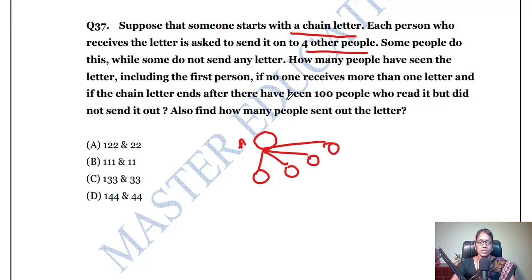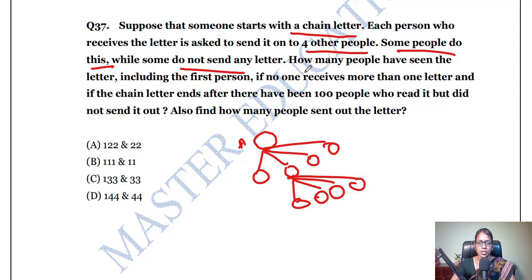Some people do this. For example, in a WhatsApp group, some people send it to 5 people, some to 10 people, while some do not send any letter. Some people are sending to 4 people, but these 3 people are not sending the letter, while this person is sending.